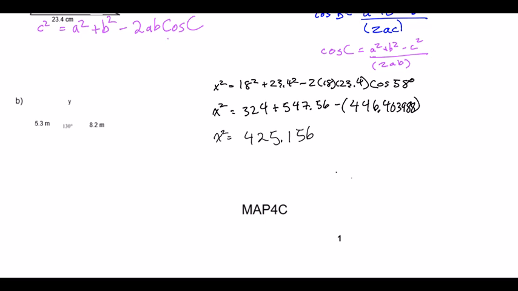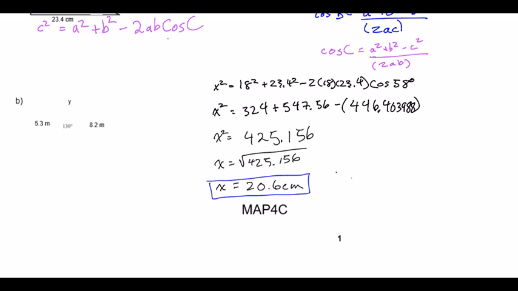So now, in order to get x by itself, we have to square root 425.156, and we get the following number, 20.6 centimeters, which is our actual length of x.